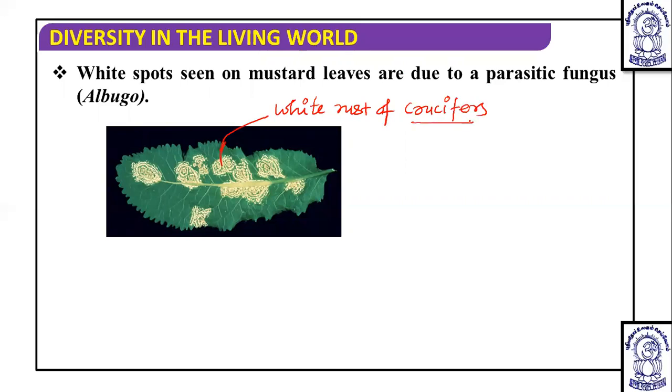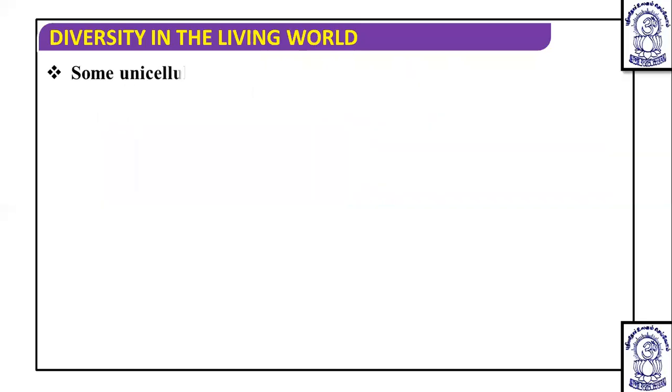Crucifers belong to the Brassicaceae family. So it is due to Albugo.